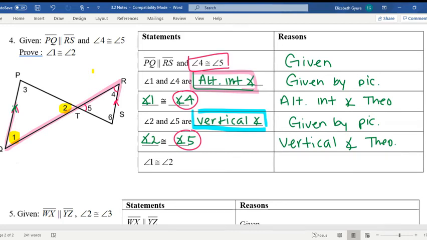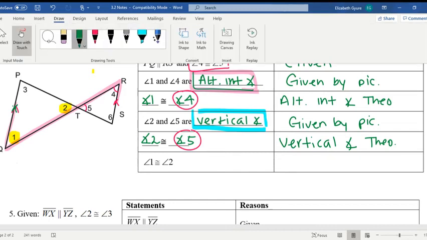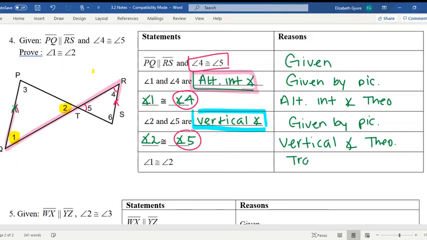So if 4 and 5 are congruent, then 1 and 2 are congruent. That would technically be the transitive property. But you often get that confused with substitution, so in the drop-down box, I'm not going to put both transitive and substitution. Okay.